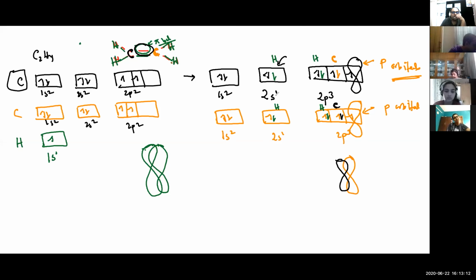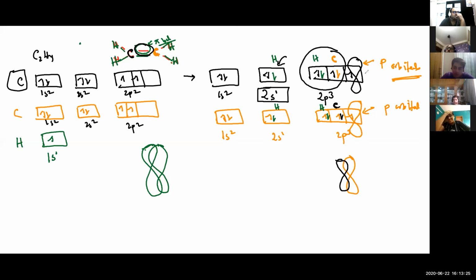So here 1s is involved, and how many p's are involved? 2. This is a pi bond. This is a free electron pair, right? When these overlap sideways, they form the pi bond.